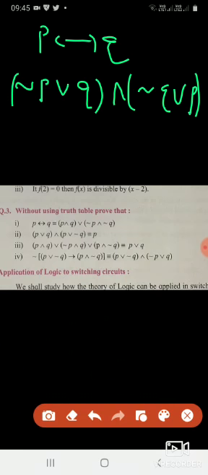Next I will see, we can open the brackets first by this one, negation of P and this bracket.